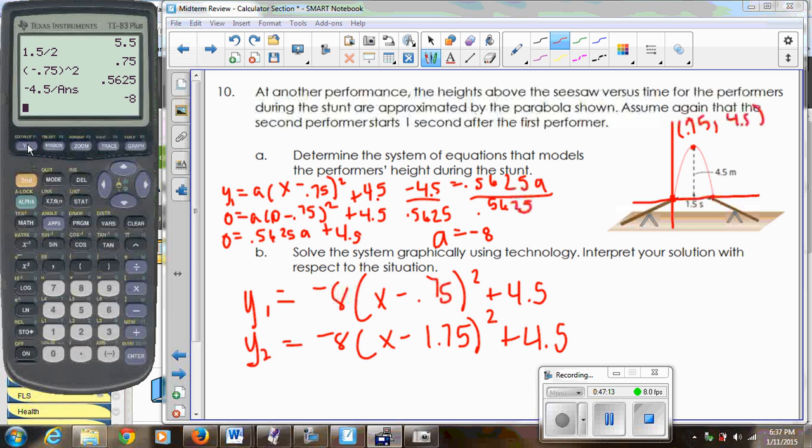And so now I will need to use my calculator. So let me just adjust these. There's my first one. And then I've got negative 8 times x minus 1.75 squared plus 4.5 again. And I'm going to go ahead and just start this on my standard window.